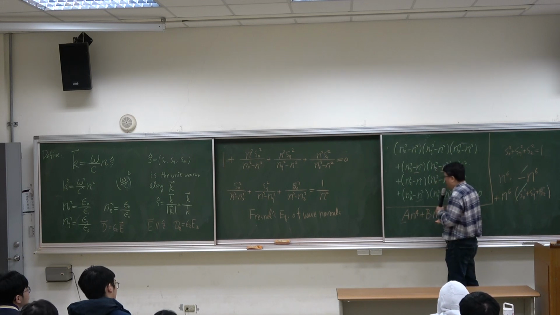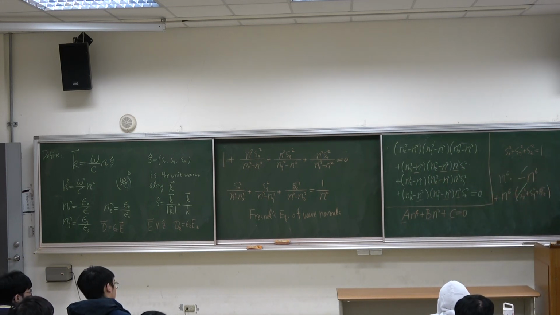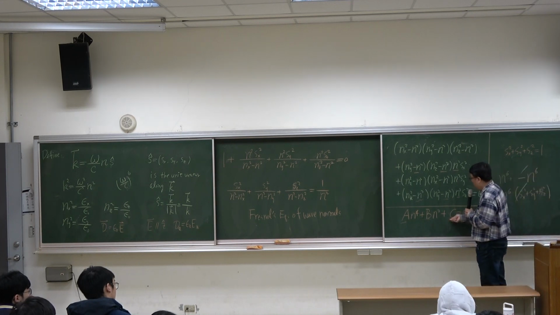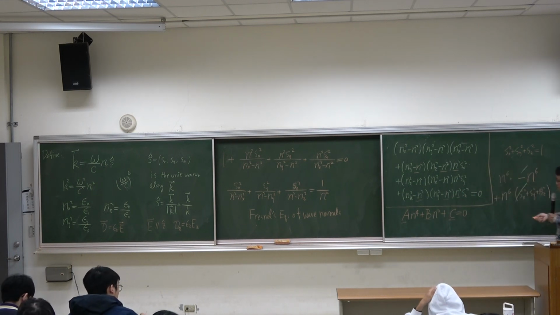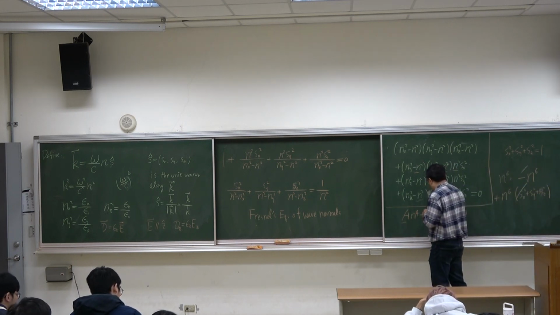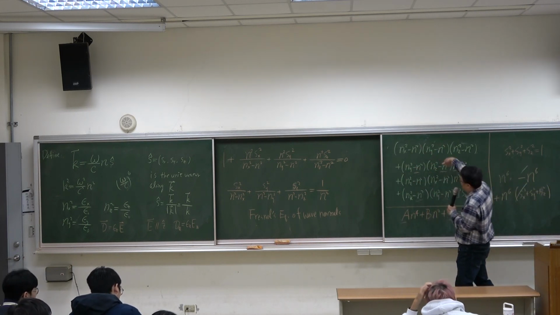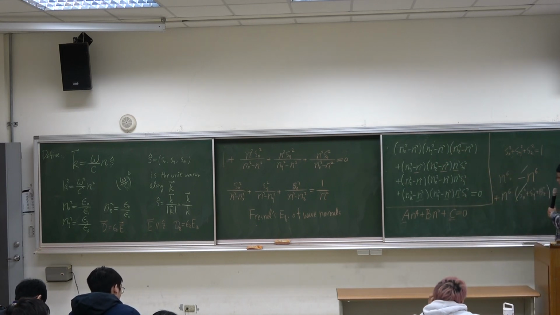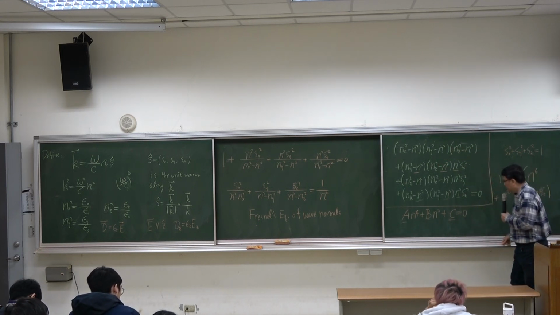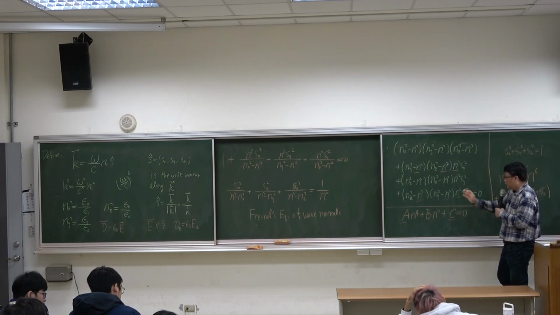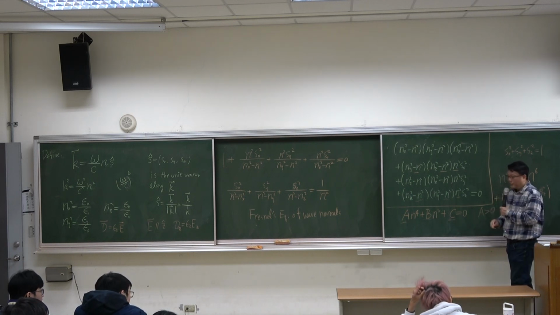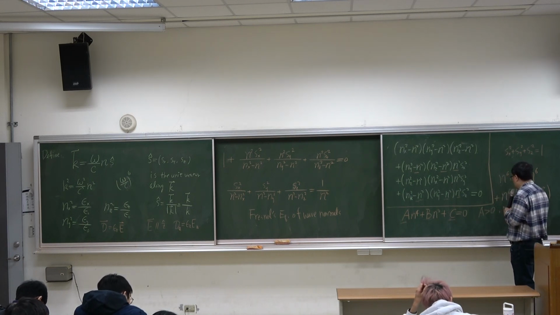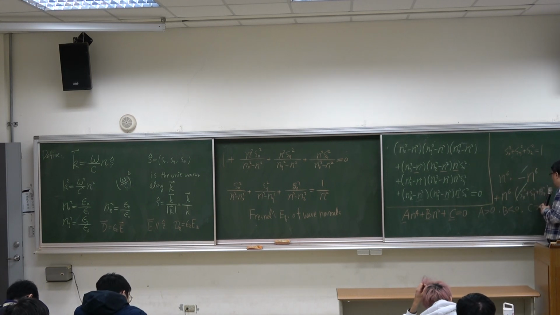I emailed you a note about this yesterday. So you can find the coefficients A, B, C, or you just expand this expression to find A, B, C. If you check the coefficients, you will find that A is positive, B is negative, and C is positive.